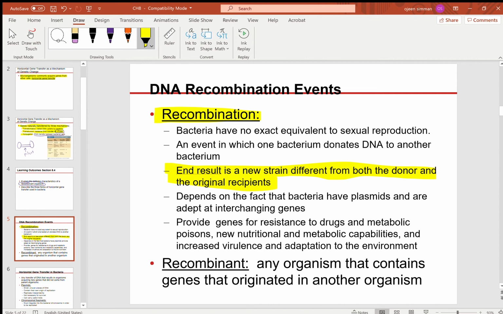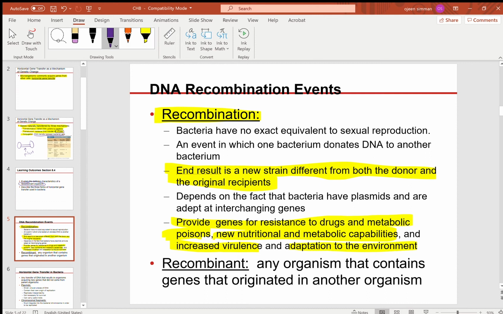This will provide genes for resistance against antibiotics, for resistance against metabolic poisons, genes for new nutritional and metabolic capabilities, and genes for increased virulence and adaptation to the environment.